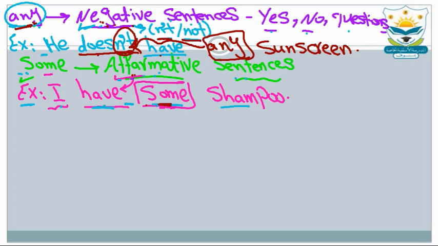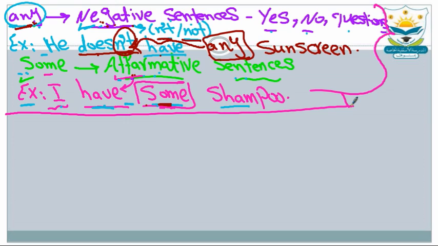Write the explanation of some and any. We will write the explanation of some and any. Okay? Write with me this practice, or these questions. Choose.